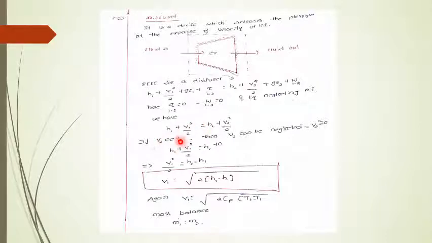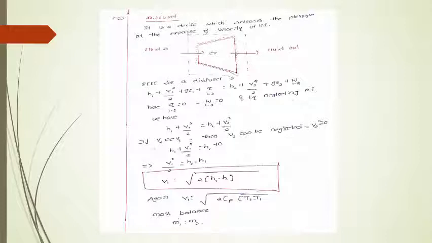Similarly here v1 is more compared to v2, so v2 can be neglected and treated as 0. Then the equation becomes v1 square by 2 equals h2 minus h1. So the inlet velocity v1 is under root 2 into h2 minus h1, and again v1 equals under root 2 cp into t2 minus t1.